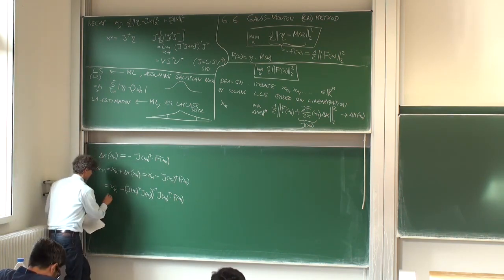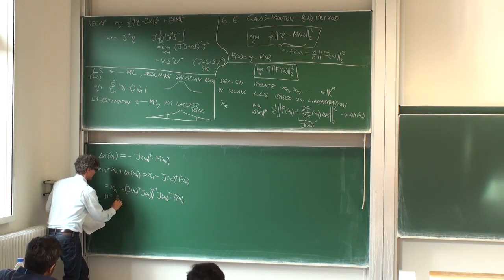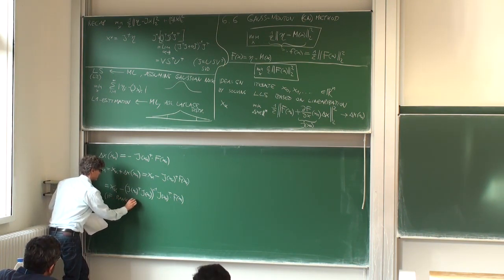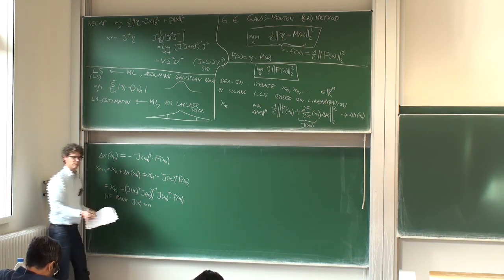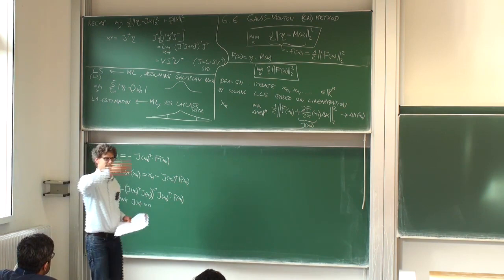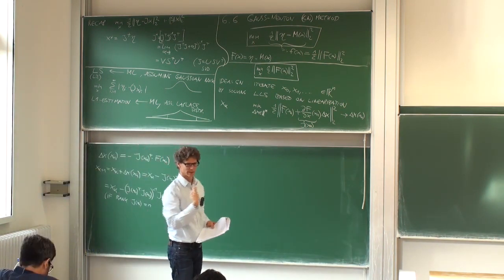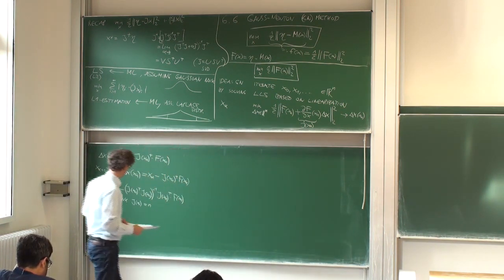This last thing is only possible, of course, if the rank of J at xk is equal to n. So if we really have linearly independent columns of this J, then this is possible.